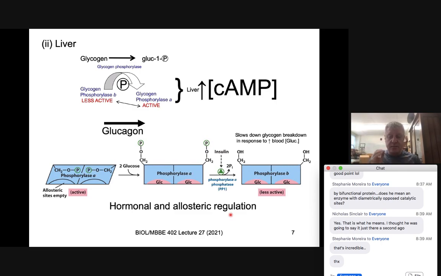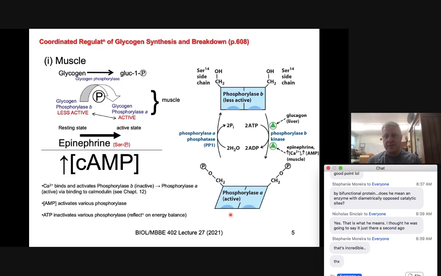We need this to be able to control the process of the phosphorylase B. What we saw previously was a system where there was no requirement for a substrate. Looking back at the muscle, there was no requirement for the substrate to bind to cause this allosteric modulation or shape change through phosphorylation.